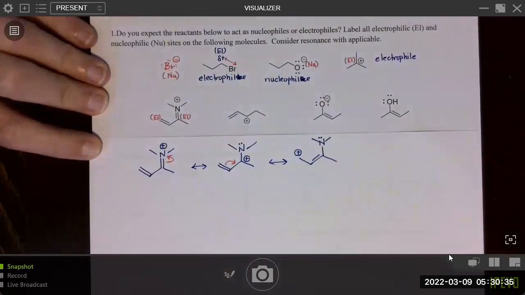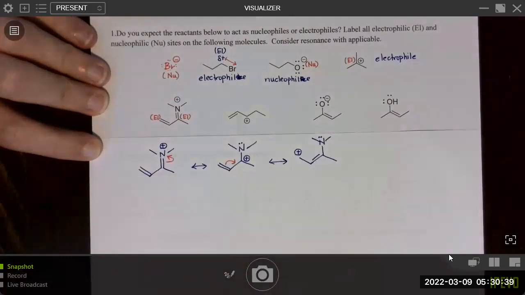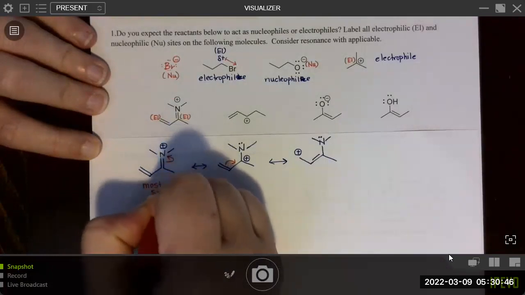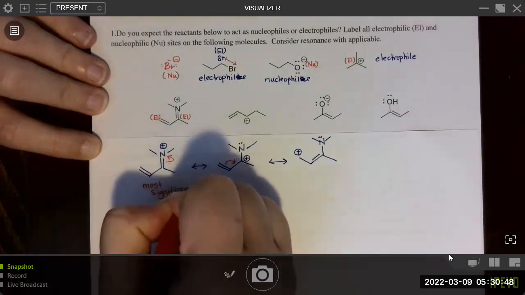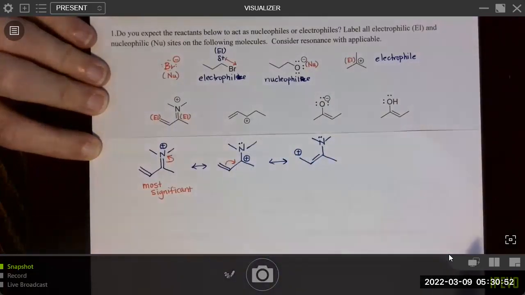And that's because if you think about it, which is the most significant resonance structure here? Hopefully you all answered this one. The reason for that is because these two lack an octet at the carbon, right?